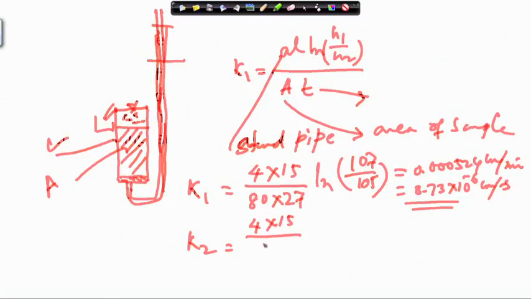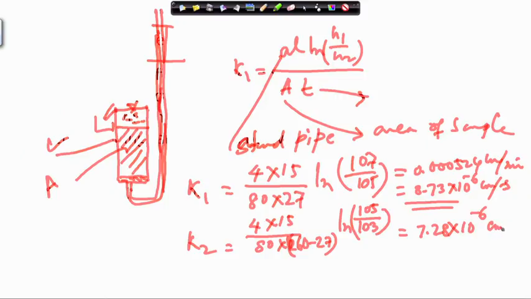So, this quantity will be the same, 4 into 15 divided by 80 into, this will not be 27, this will become 60 minus 27, and ln of 105 at 27 minutes and 103 at 60 minutes. This gives the K value 7.28 into 10 to the power minus 6 centimeter per second.